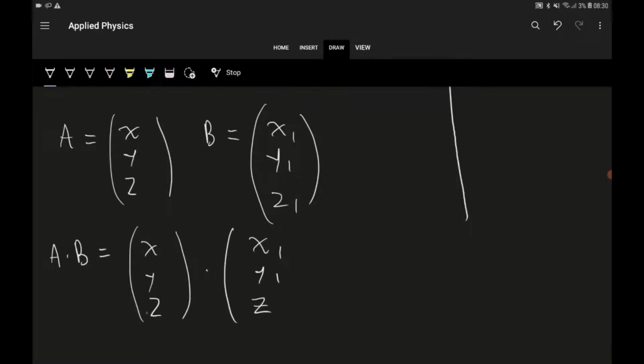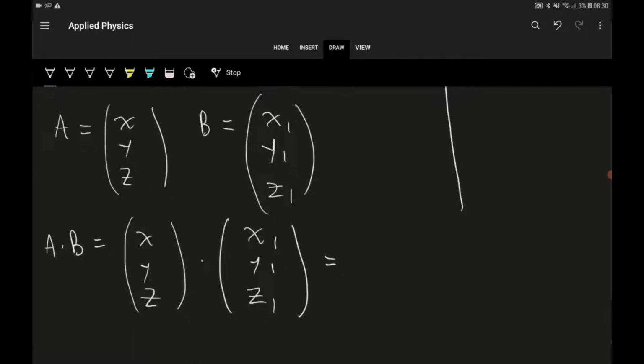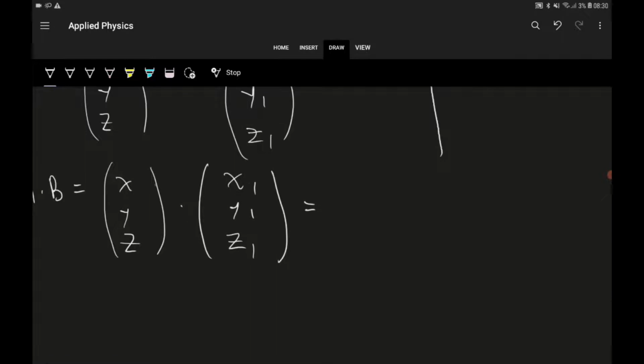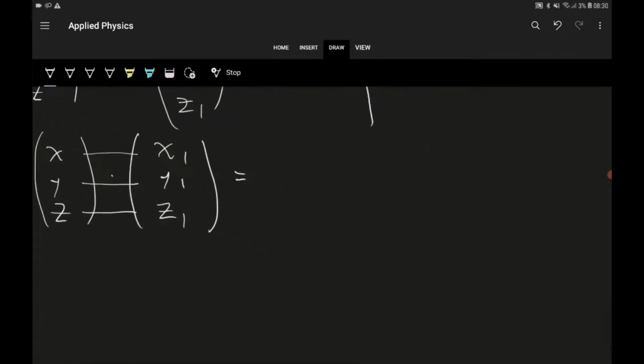I guess you could do it directly as well if you really want, but this simplifies it for me. And we multiply the x and the x1, the y and the y1, and the z and the z1, and we just sum them all up. So x x1 plus y y1 plus z z1.